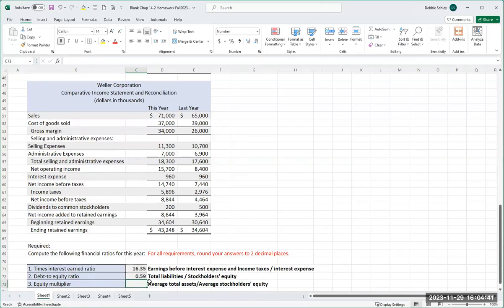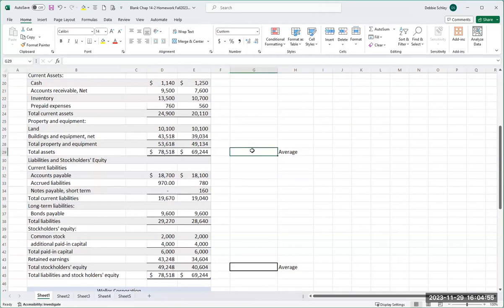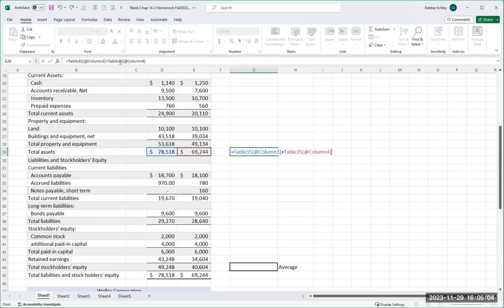I'm going to have to find a couple of averages here, the average total assets and the average stockholders' equity. You could do all of this in one cell. That's a lot of parentheses, and I tend to make mistakes. So I'm going to figure out my average total assets by taking this year plus last year, and I forgot my parentheses already.